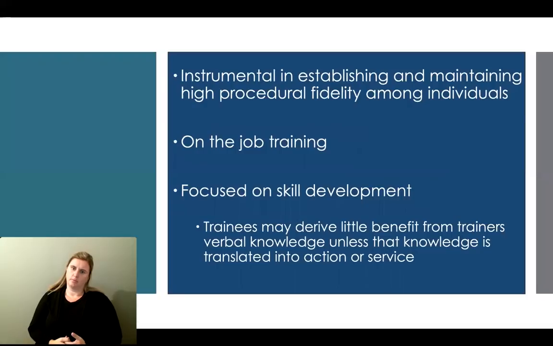So performance and competency-based training has been instrumental in establishing and maintaining high procedural fidelity among individuals. It is what we would call on-the-job training, which is really focused, as I mentioned, on skill development. This is the kind of training that our trainees or our paraeducators are going to get the most from.